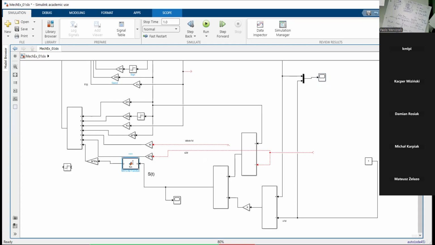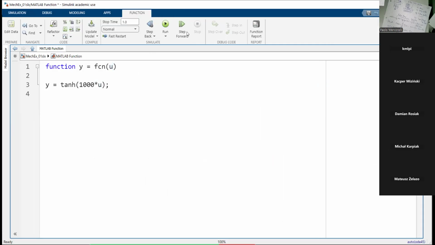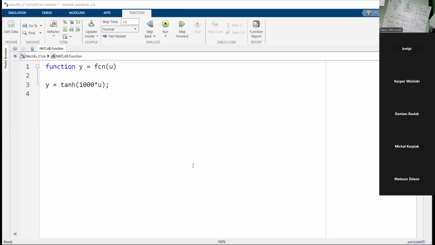Okay, let me increase a little bit the approximation here. One second, and I try to clarify why if I put 10 in eta it does not work, it should work. Let me see. Where is Simulink now? I don't understand really.